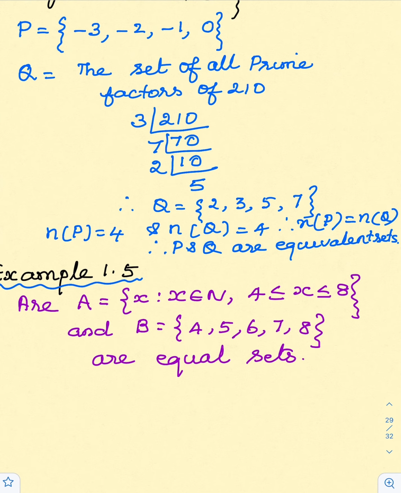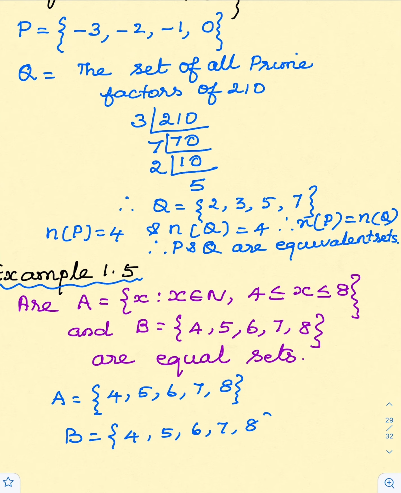A is equal to x belonging to N, 4 less than or equal to x less than or equal to 8. So let us write A in the tabular form. 4 less than or equal to x less than or equal to 8. So 4, 5, 6, 7, 8. And B, they have already given it as 4, 5, 6, 7, 8.